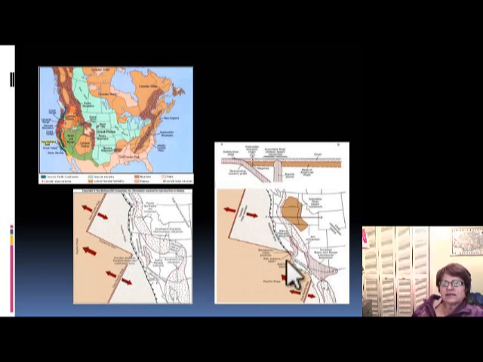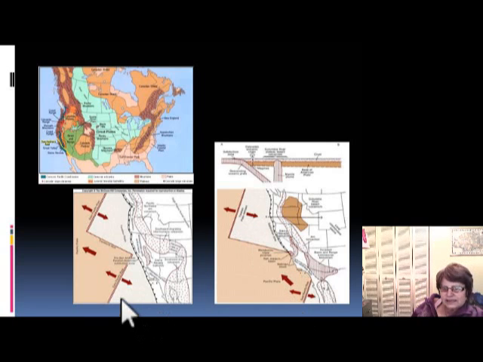But as you can see, by the later Cenozoic, this transform plate boundary right here basically became the San Andreas Fault as it collided into the continent.